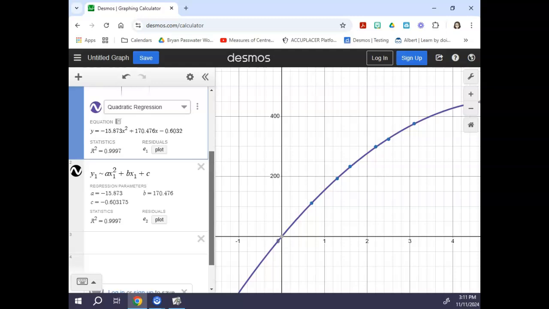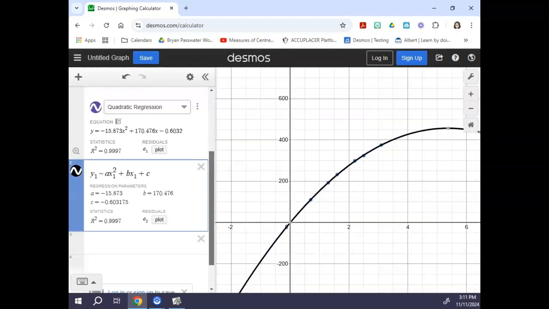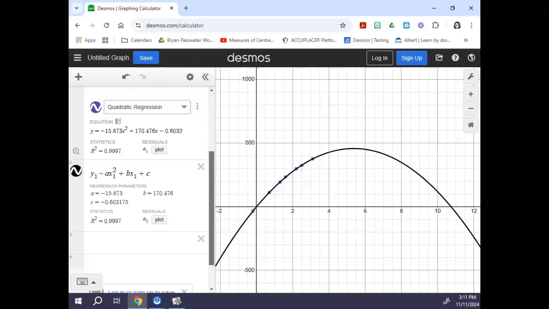Okay, so it says to predict the maximum height of the rocket. Well, that means I'm using my regression. So even though it zoomed that in for me, the maximum height, this is a quadratic, so it should be right about there. So if you just kind of tap right about where that is, it will give that to you.